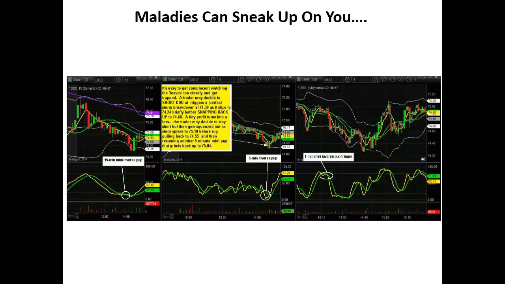And at this point, you're telling yourself, oh, these algos, it's the algos. And you look at the 5 minute chart, and you realize you messed up because the 5 minute 5 is now sloping up. The stochastics have crossed up firmly and is trying to form a mini pup. You look at the 15 minute chart, no mercy there because the 15 minute just crossed to the upside.